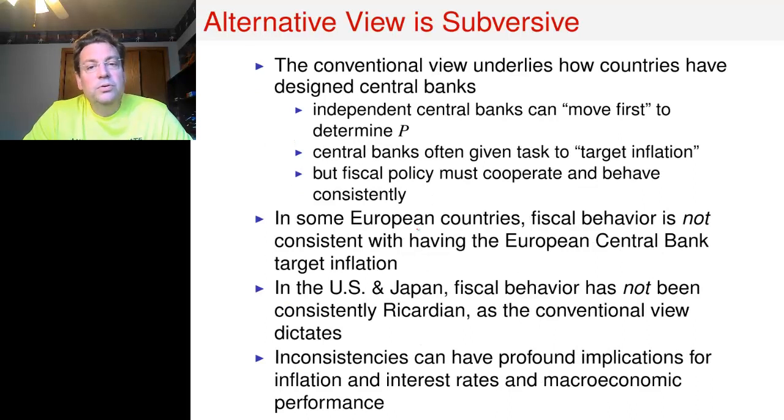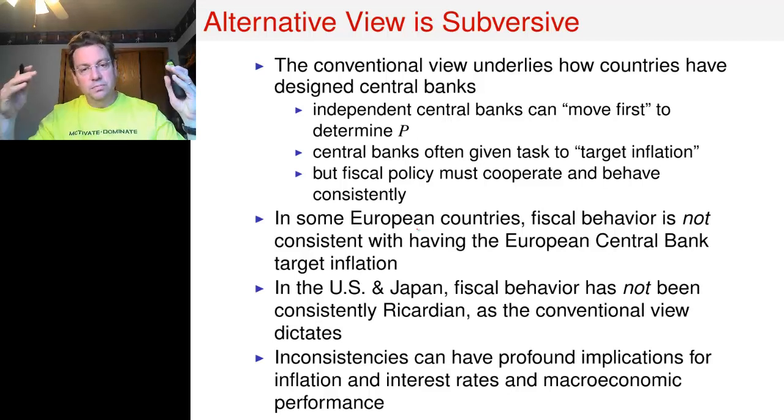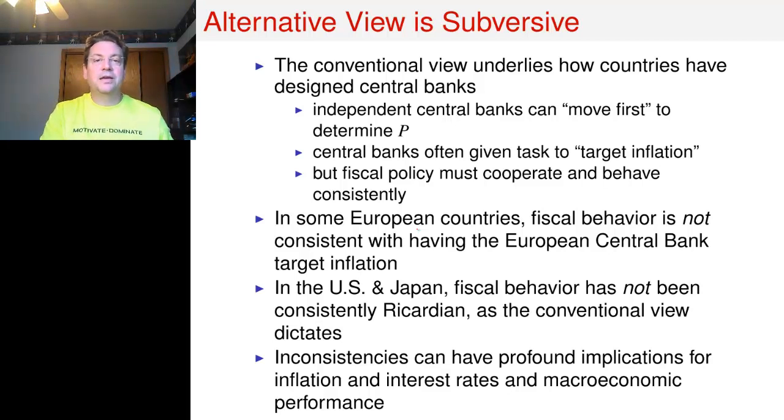Now, this alternative view is actually quite subversive. The conventional view underlies how countries have designed their central banks. So what countries have done is they've made their central banks independent, so therefore monetary policy can take the first move in order to determine the price level. And in many countries, we've told central banks that their job is to target inflation. But then fiscal policy has to cooperate and behave consistently in the way that we've been talking about, in that sort of Ricardian way.